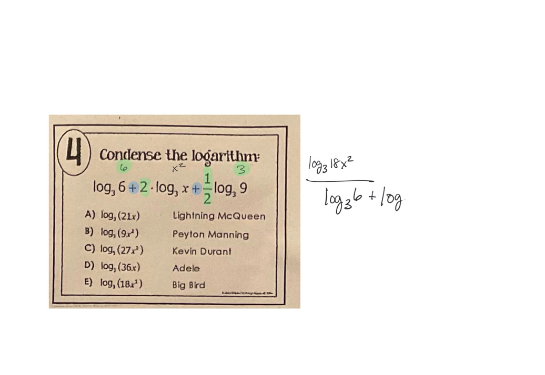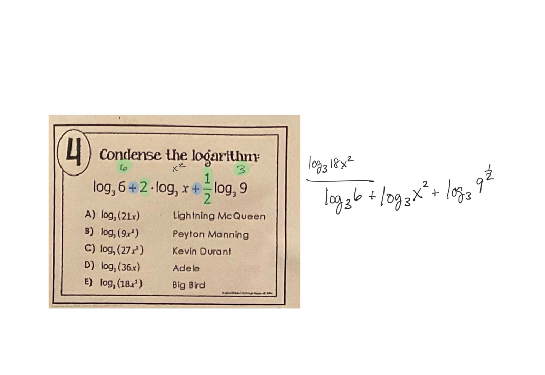So I have the log base 3 of x squared as my second term. And then my third term, I've got a half on the ground that I'm going to make my exponent for my 9. So log base 3 of 9 to the 1/2.